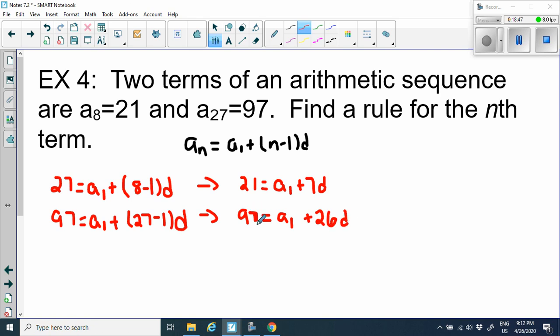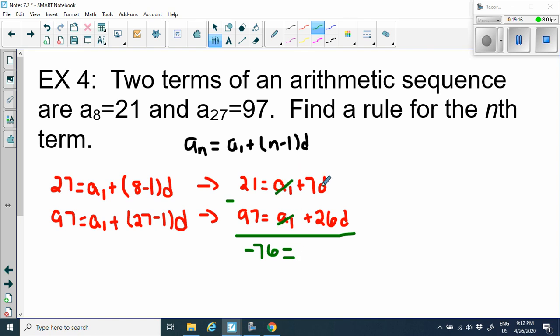Now what I'm going to do here is subtract, because that will allow me to eliminate my a sub 1s. So when I do this, I do 21 minus 97. That gives me negative 76. My a sub 1s cancel.